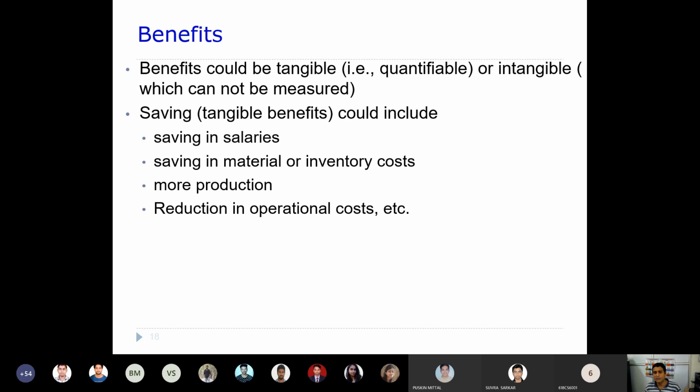The number of units produced may increase, or the productivity of our existing system has increased when using this particular software. Then reduction in operational costs: whatever costs were involved in operating the particular system have also been reduced. Then only you can say these are benefits, right?